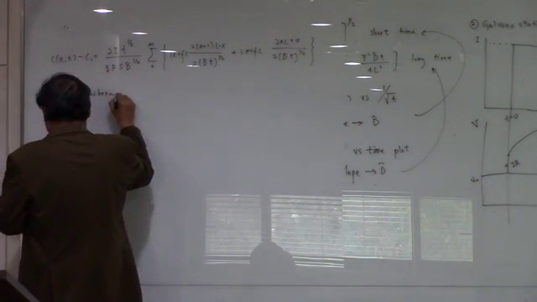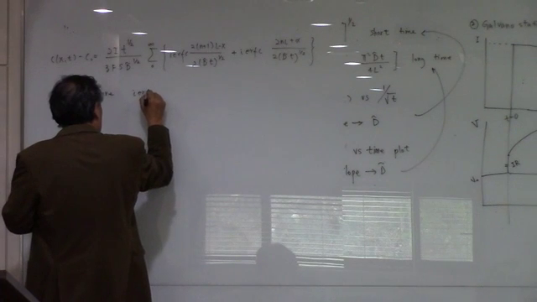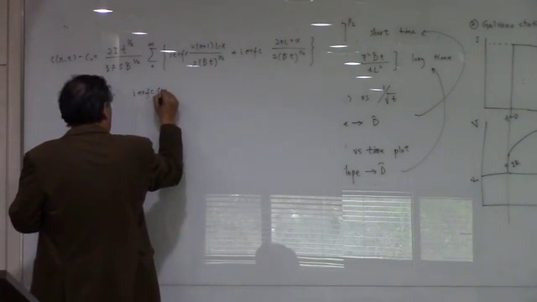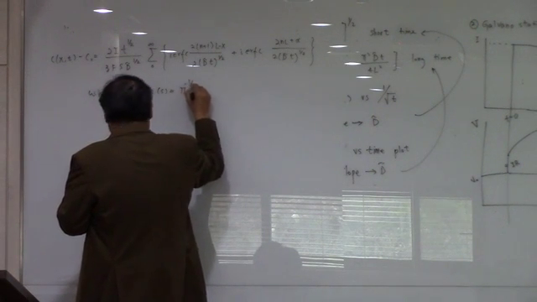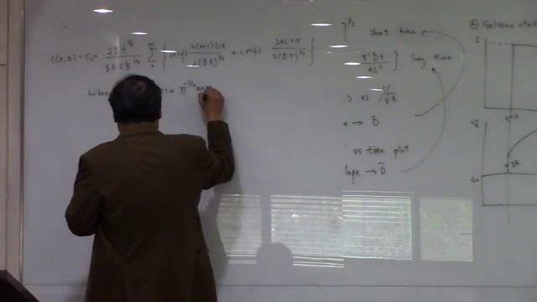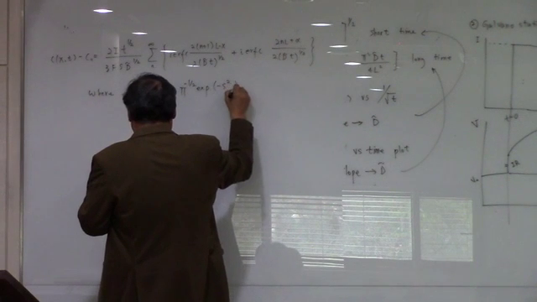And the definition of complementary function here, complementary function is exponential minus s squared.